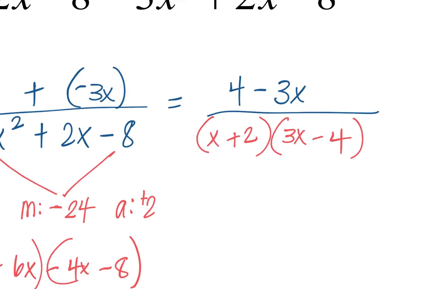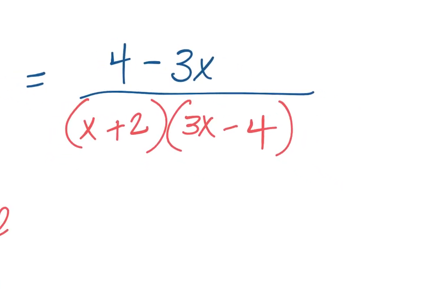Well, now that we're looking at this, I want to go ahead and cancel the 4, negative 3x, and the 3, negative 4x. But notice they're opposites. The 4 is positive here and negative there. The 3 is negative here and positive here. So if I factor out a negative 1 in the top, I'd be left with a negative 4 and a positive 3x.